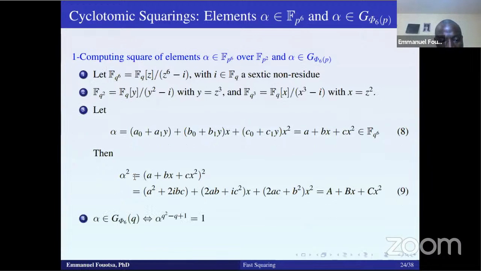That is, alpha squared is equal to A plus B plus C. I'm going to give the expression of A and B and C. Now we use the fact that alpha belongs to the cyclotomic subgroup. If it belongs to the cyclotomic subgroup of order phi 6 of q, which is q squared minus q plus 1, it means alpha to this is equal to 1.